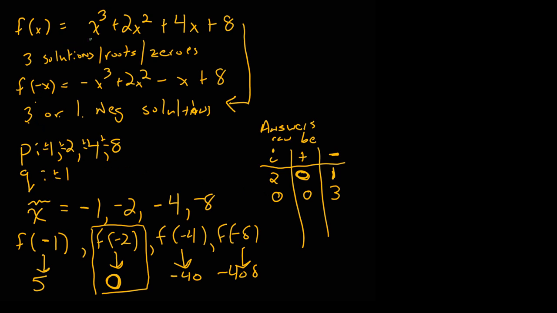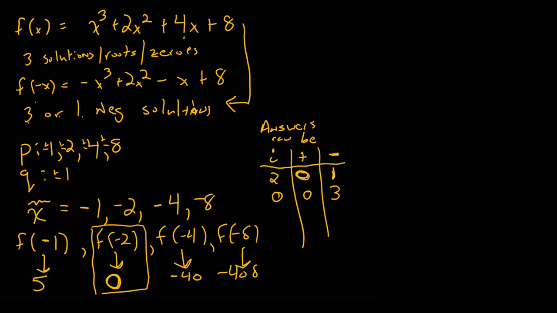So when I do Descartes' rule of signs test for the positive, there are no sign changes. So there are no positive solutions. So I can't have anything for positives. This has to be 0, because Descartes' rule of signs is saying there's no sign changes on the positive version of the function. There can be no positive real roots.